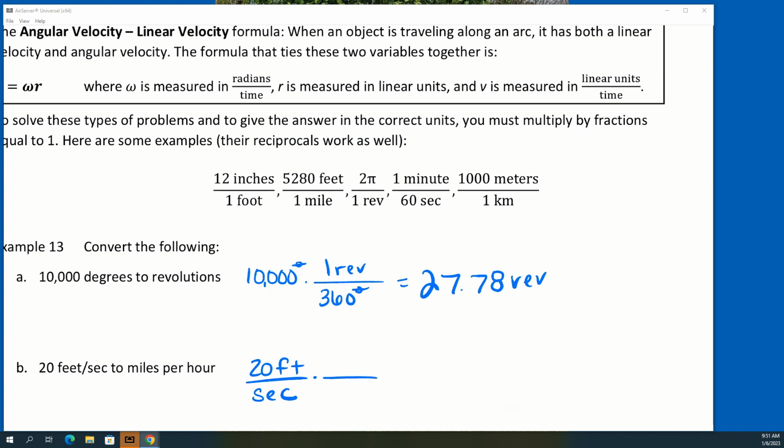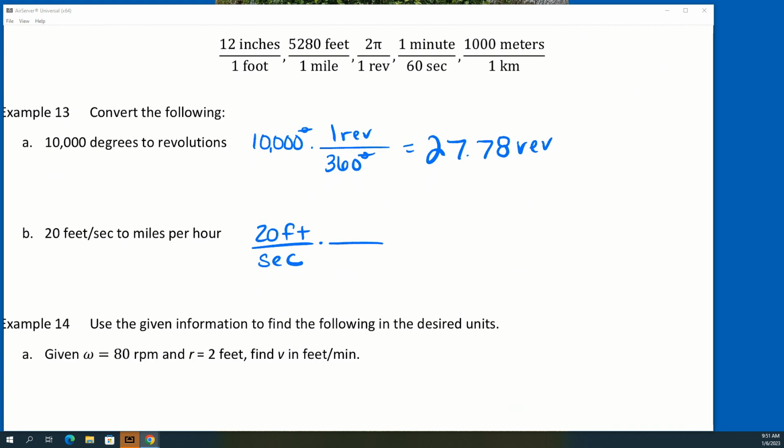The metric system is so much better than whatever crazy system that we use, but I need y'all to know by next Wednesday, I guess, that there's 5,280 feet in 1 mile. So where would I put feet if I want to cancel feet? On the bottom. All right, so if I did this math, I would have miles per second.